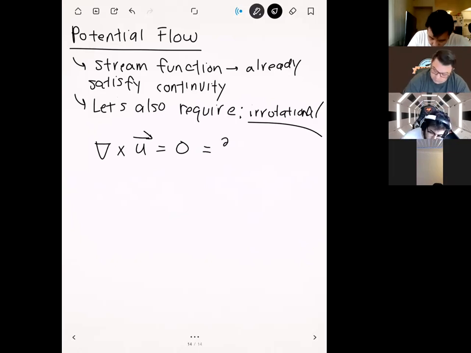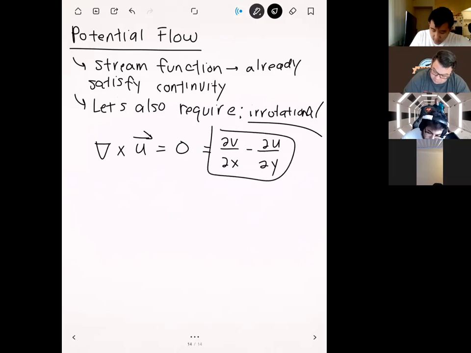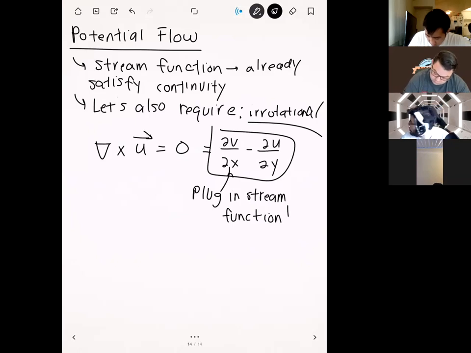So in other words, we have this expression right here. The curl in 2D is just dv dx minus du dy.